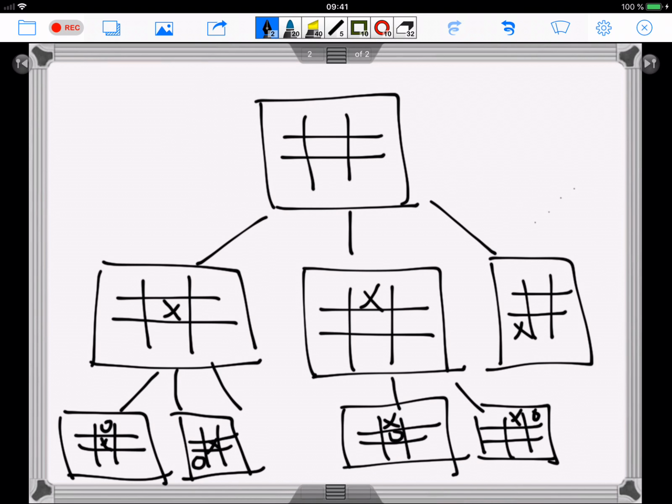Okay, so from each possible position, we have then several different replies by the other player, and we can have this tree. And searching for a way of playing the game, a strategy to win the game, has to do with finding some interesting position in this tree.